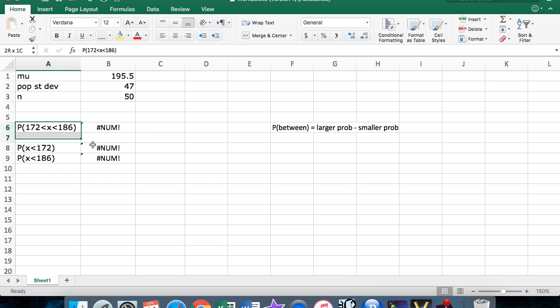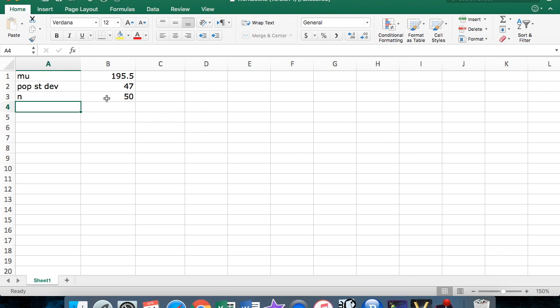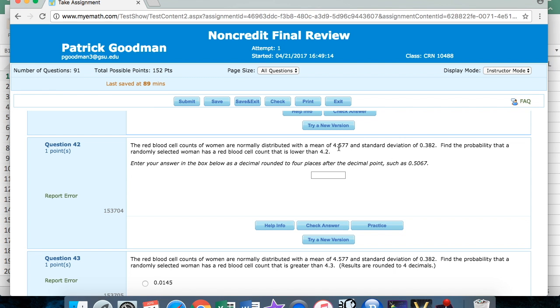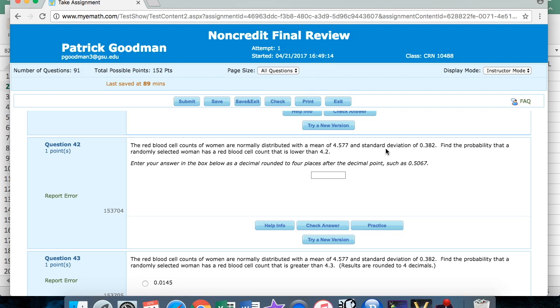So kill this. All right. Now, my n, well, if you want to, you can even think of n as just 1, but I'm not going to do that because it's weird. So let's do my mean of 4.577. My population standard deviation, because remember, this standard deviation doesn't flat out say it's the population standard deviation, but it does say the standard deviation goes with this mean.